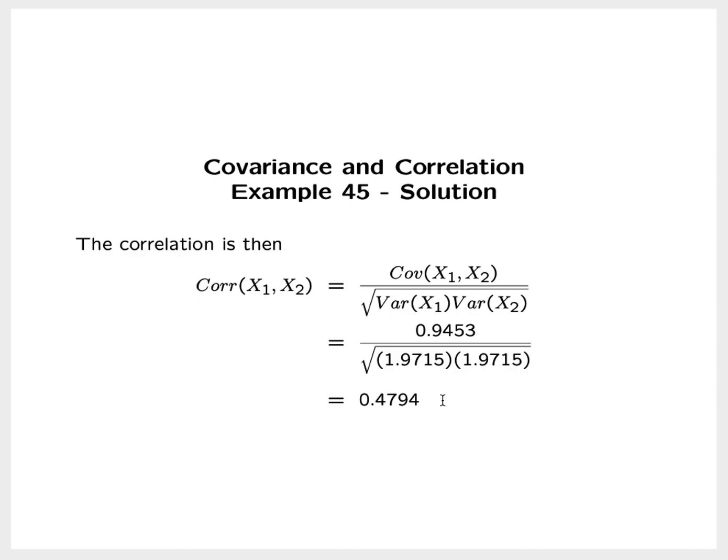Remember, the correlations range from -1 to +1. And some people like to set up categories for strengths of correlations or magnitudes of correlations. And in most of those categorizations, a correlation of 0.47 or 0.48 would typically correspond to a moderate correlation.